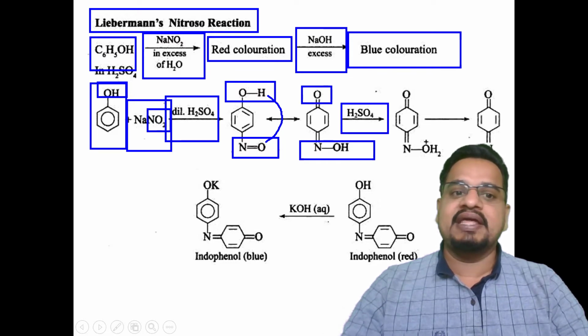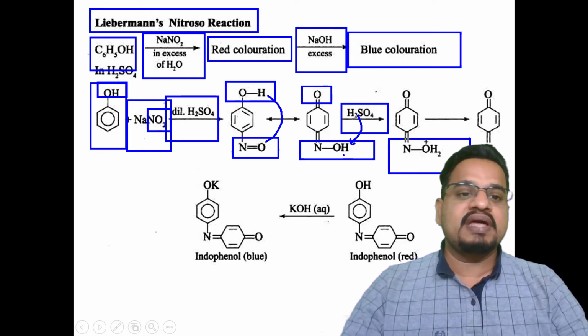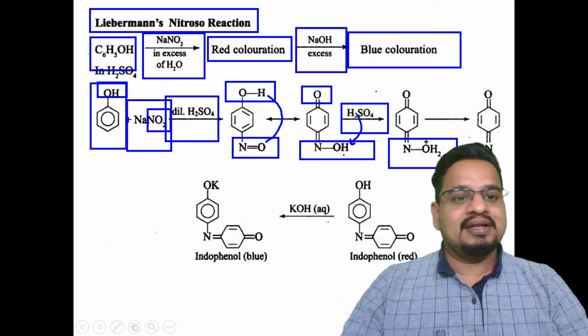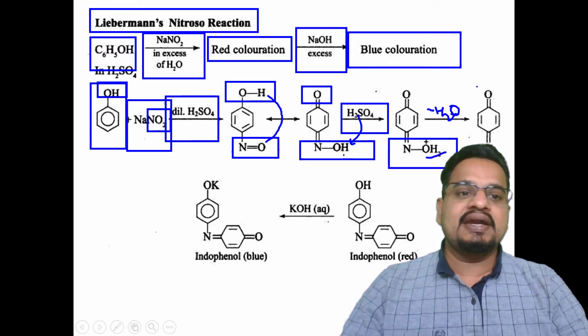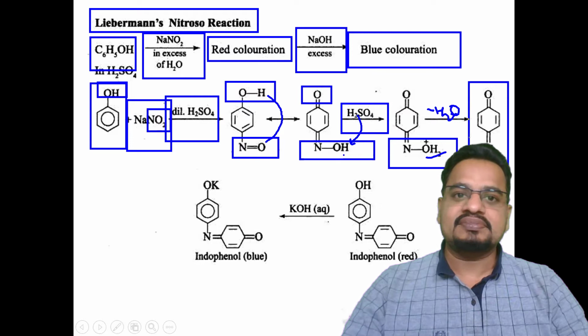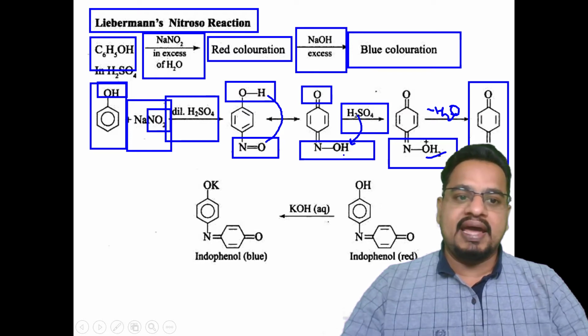So in acidic media, what is happening? The H2SO4 provides one proton here, so it forms NOH2. Now you know what will happen. From here, one water molecule will be released, H2O will be released, and you will get the double bond O, double bond N.